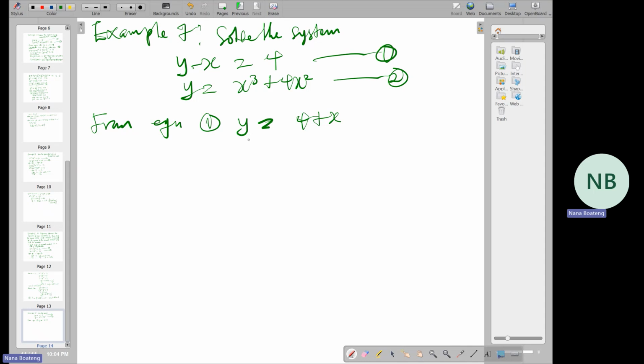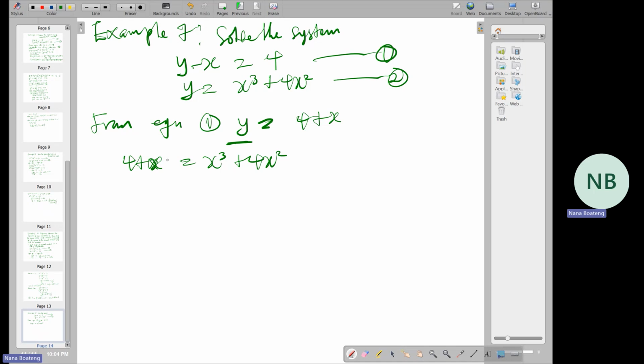So in place of y in equation 2, we can substitute 4 plus x in its place. So if we do that, we'll have 4 plus x is equal to x cubed plus 4x squared.